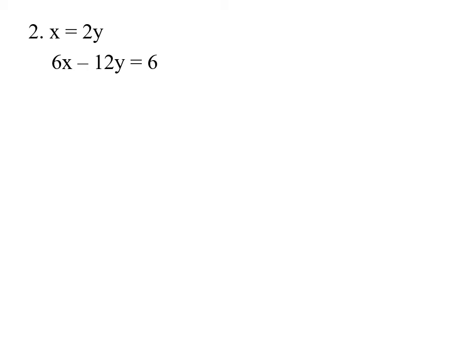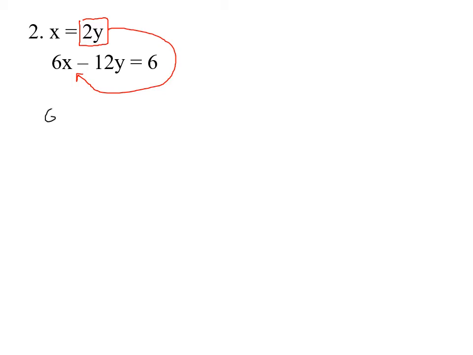Now, a lot of times I will only really prefer to do substitution if one of them is already solved for one of the letters. Like here, we have x equals 2y. Since it's already solved for x, I kind of prefer to do the substitution on this one. So I'm going to take this 2y and plug it in where the x is.